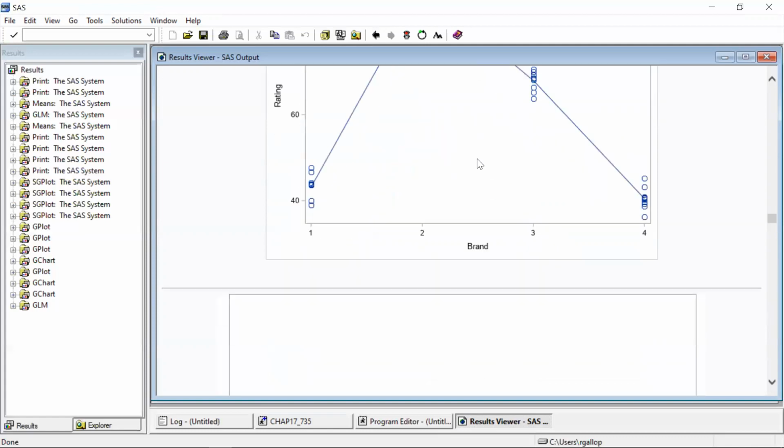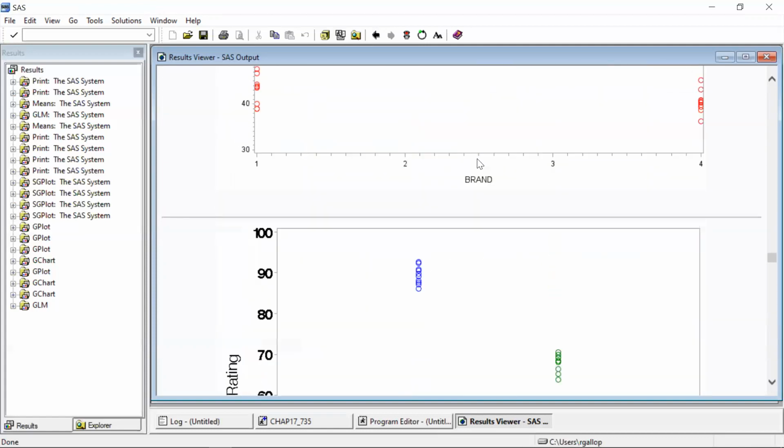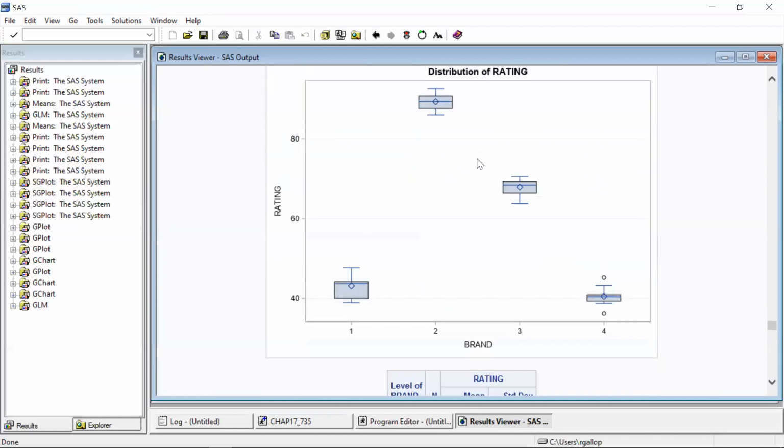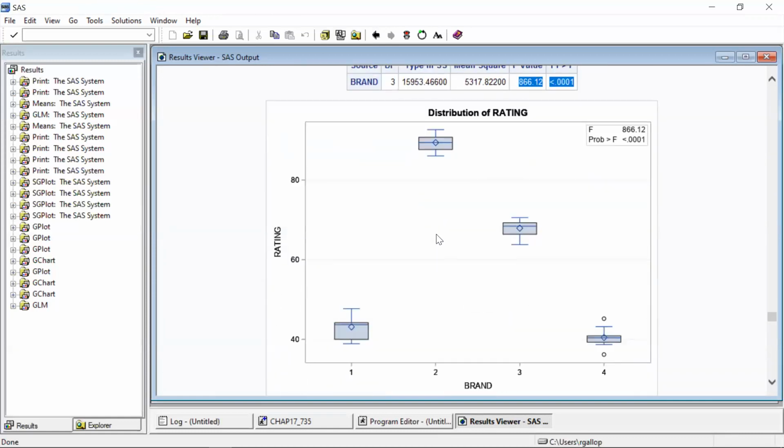The one added benefit of the plot above to this plot is that the plot above shows you all of the raw data. This does give you a sense of the means and the spread, but I don't know where the raw data is here to get a sense of the spread.